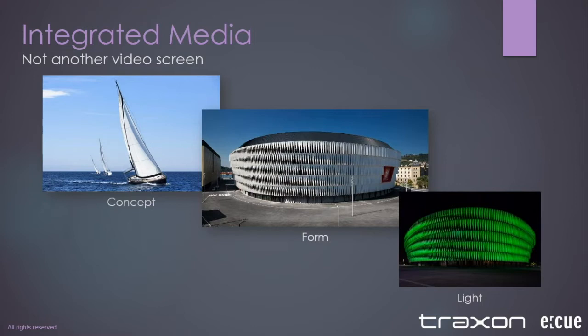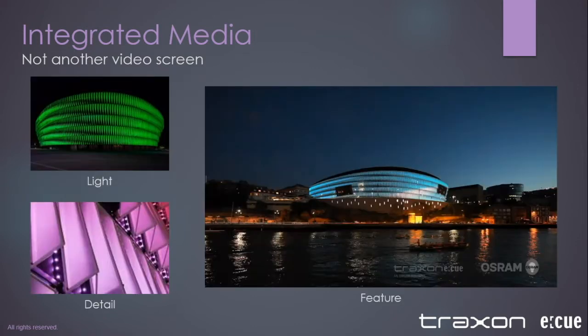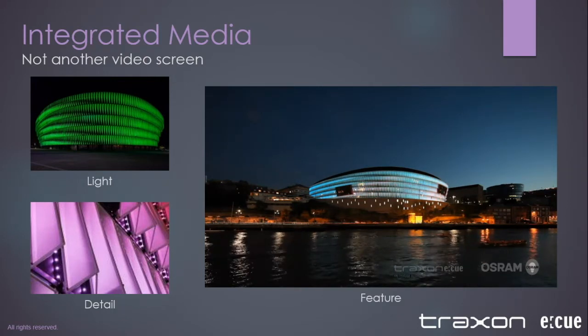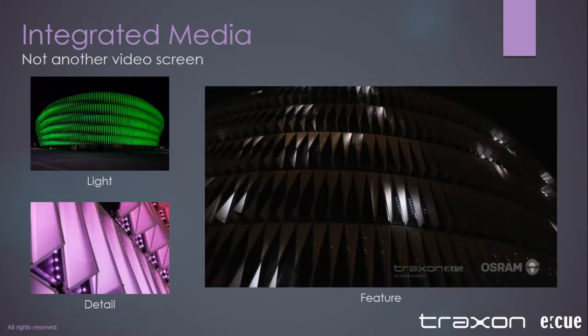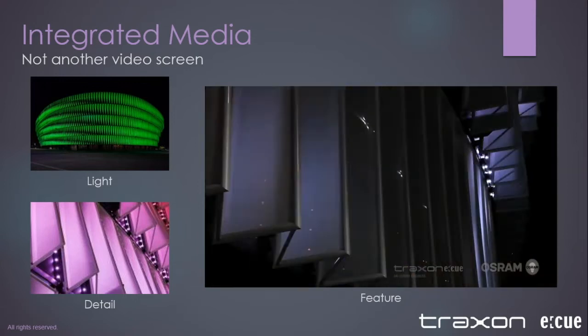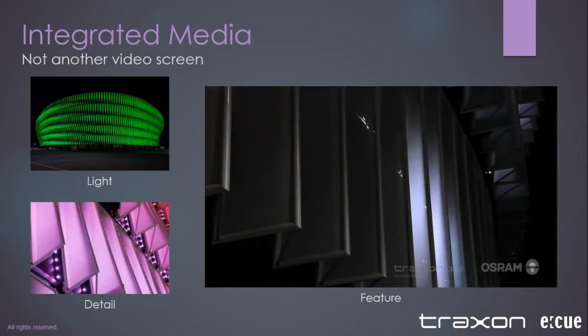And you could go just, there you go, concept form, light, and then you have this lovely green building. Maybe it changes color, it could be green, blue, white, whatever. But what if each of those sails was individually controlled as well? Or even better, what if each of those sails was individually lit by multiple points of light? So you could even make those sails almost flutter with light.